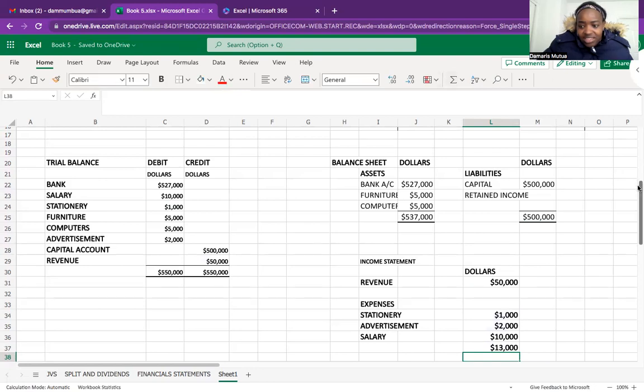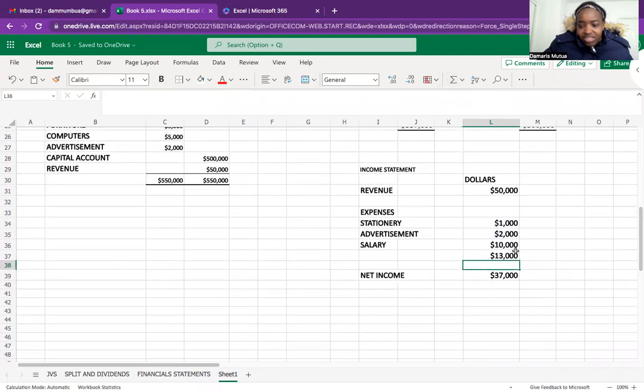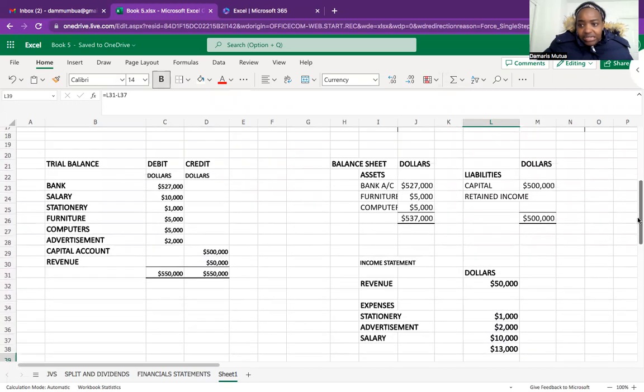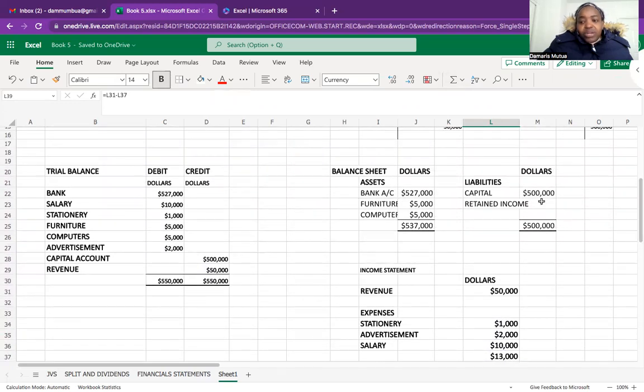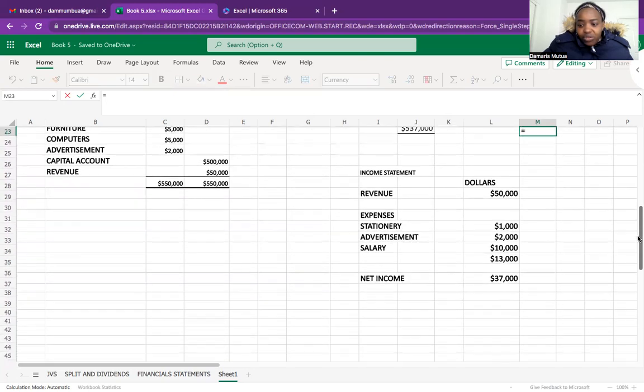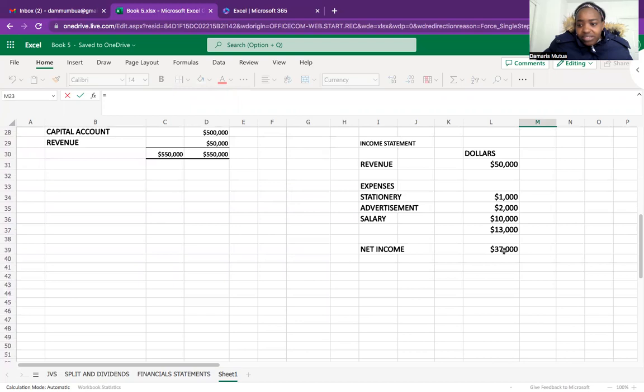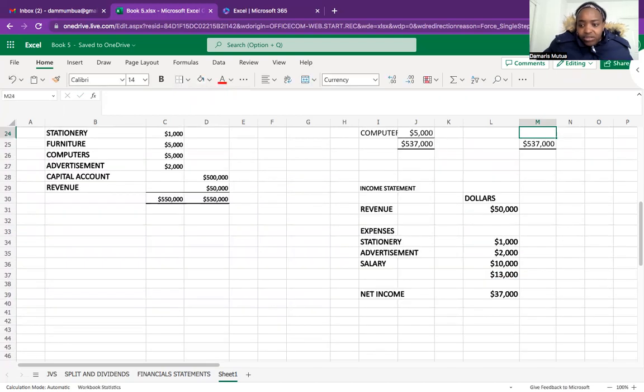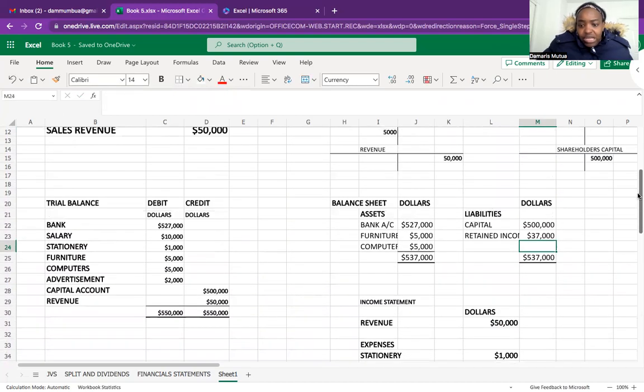That is 13,000. So my net income is 37,000. That is what is going to our retained earnings to show what we are retaining. We're not paying shareholders dividends. So that goes to my balance sheet. My balance sheet is balanced, my trial balance is also balanced, and I have my income statement.